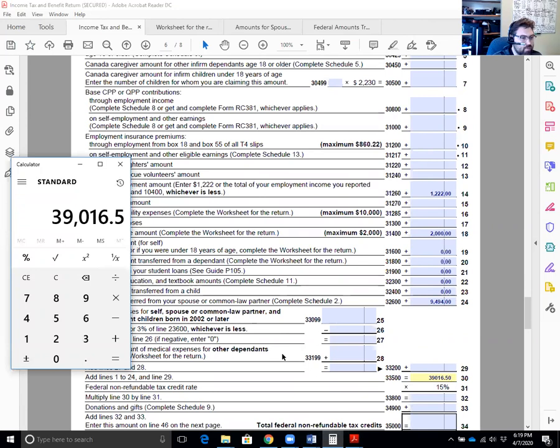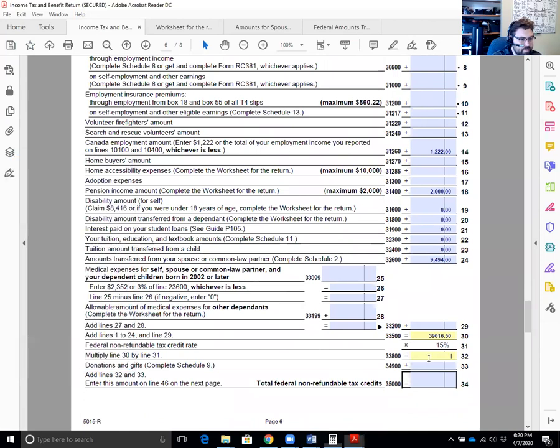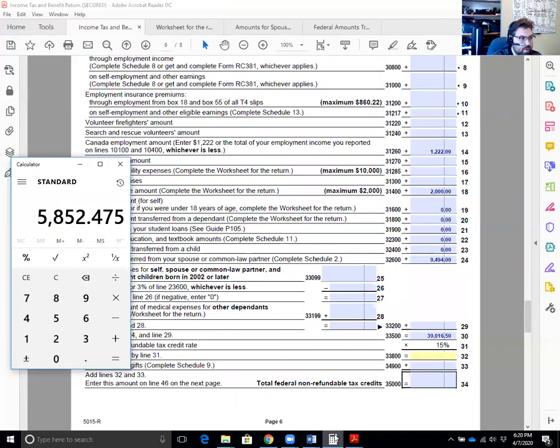That's all of our tax credit amounts times 15%. So our total tax credits are going to be 5,852.48.